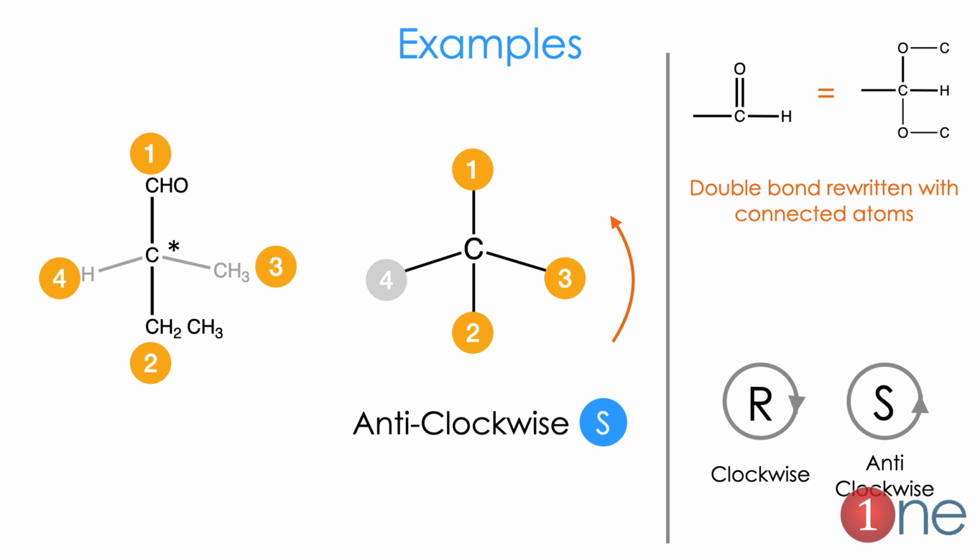So obviously the aldehyde group gets first preference, ethyl gets second preference, methyl gets third. If you write it separately, you can clearly see it is in the anti-clockwise direction because we omit the fourth one. So 1, 2, 3 anti-clockwise direction.